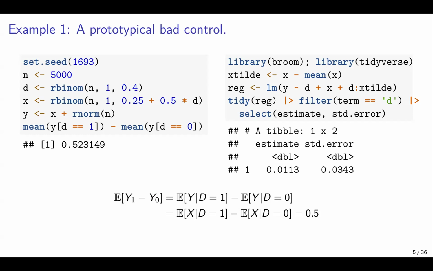So x is a vector of length 5,000 containing Bernoulli draws, and the probability of success for each element of x actually depends on the corresponding element of d. So when d is 0, the probability of success is 0.25, but when d is 1, it's equal to 0.25 plus 0.5, which is 0.75. All right, now I'm going to generate y. So y is equal to x plus some standard normal random noise.